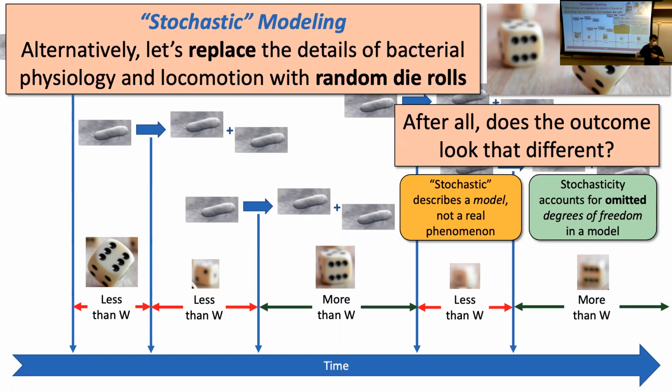Instead of having 1,000 parameters you have to nail down before you can hit run, you only have 3 parameters to nail down. You maybe have to know how many hit points the dragon has, what your weaponry is, and some distributional parameters about that die roll. And as long as you have all 3 of those things, you can proceed without any of the other details. That's stochastic modeling. That's what is going on here.